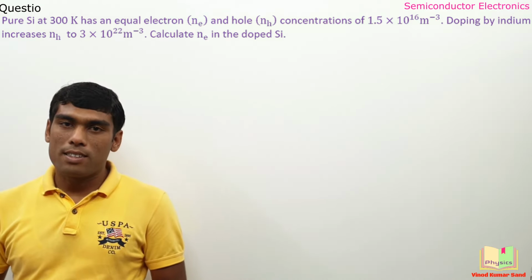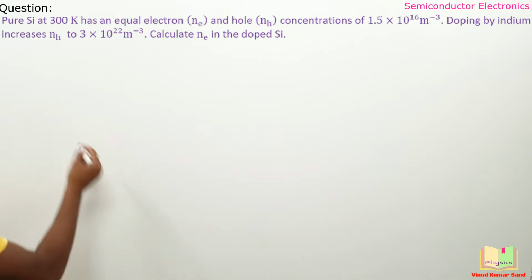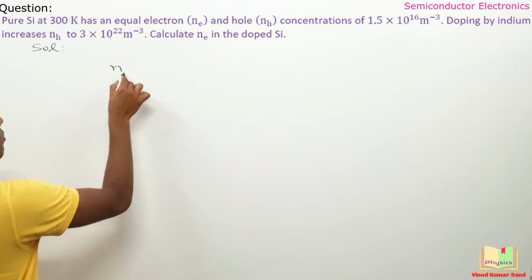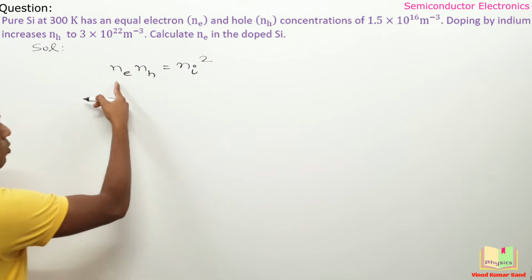Here is the next question, which is asking us the number density of the free electrons. So for the solution, we can use the law of mass action. N_e into N_h is equal to N_i square.